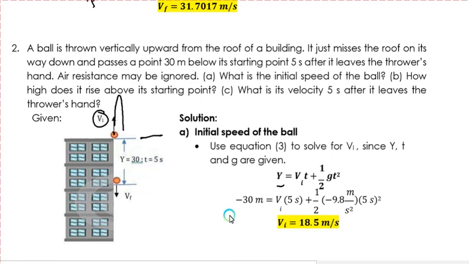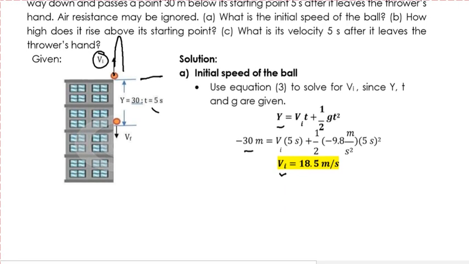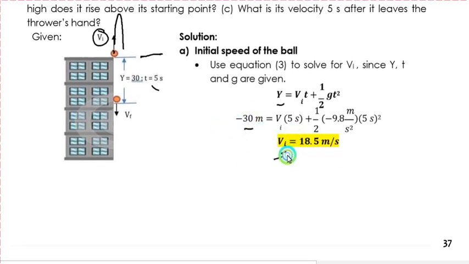So we have negative 30 meters is equal to Vi times our time of 5 seconds plus 1/2 times negative 9.8 meters per second squared, since it is going down, times our time which is 5 seconds squared. If we manipulate this, we would come up with the answer where our initial velocity will be equal to 18.5 meters per second. Okay, so this one will be your answer.